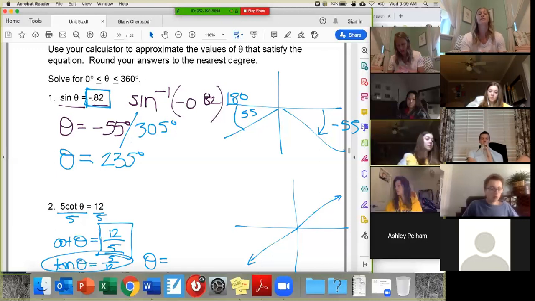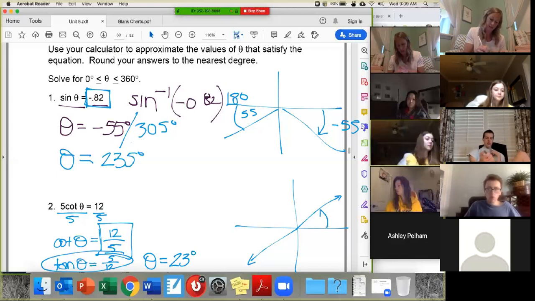If you are an Inspire, you have inverse cotangent and you can do either one. But both ways, my first answer should be about 22.62 degrees. So I'm going to round that to about 23 degrees.